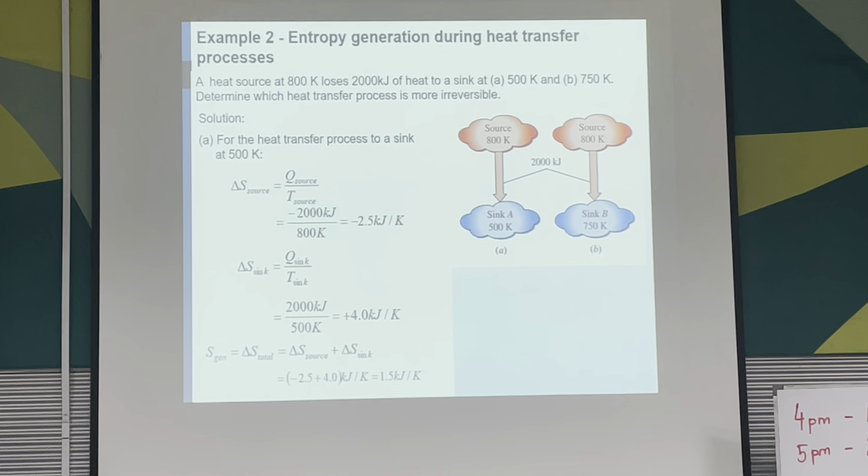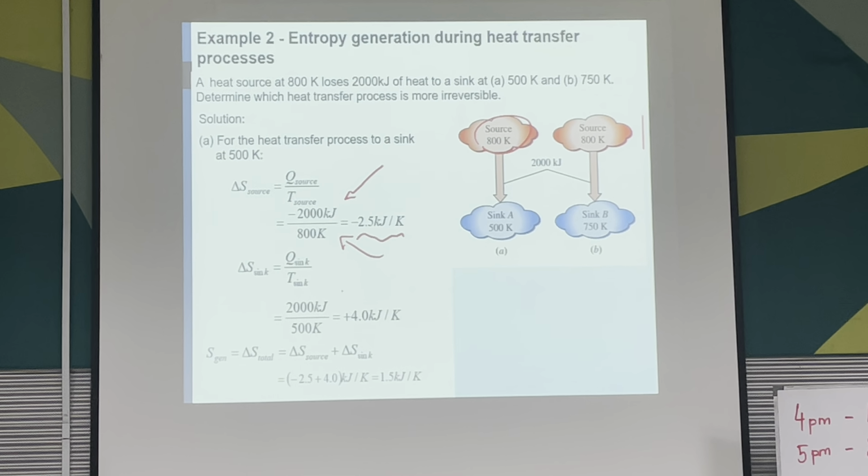So you can see that the source is losing 2000 over 800, which is 2.5 kilojoule per Kelvin. So this is a constant value for both cases. The heat rejected to the sink, in this case, then will be 2000 over 500. So you total them out, you will get 1.5 kilojoule per Kelvin.